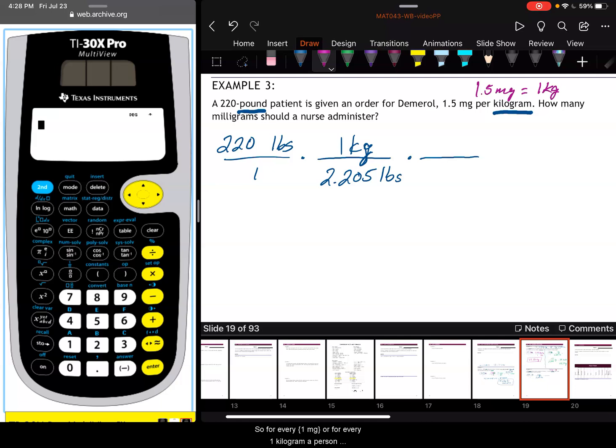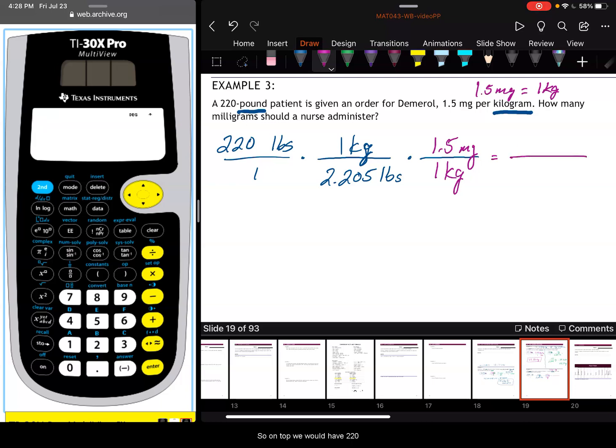So for every 1 kilogram a person weighs, they require 1.5 milligrams of the medicine. Okay, so I would put my kilograms in the denominator, so 1 kg in the denominator, and 1.5 milligrams in the numerator. And then we would multiply.